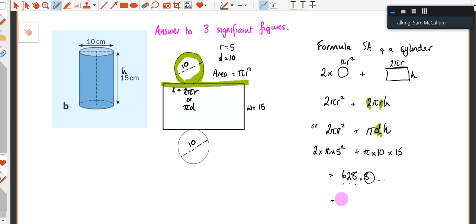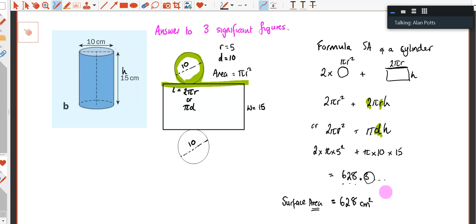No. So our answer should be 628, which is what a lot of people were putting. What are the units? So that's surface area. So what do I put here? What are the units of that? Square centimeters. Yeah, good. Square centimeters. Well done.